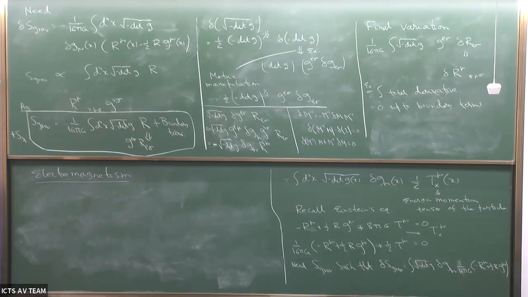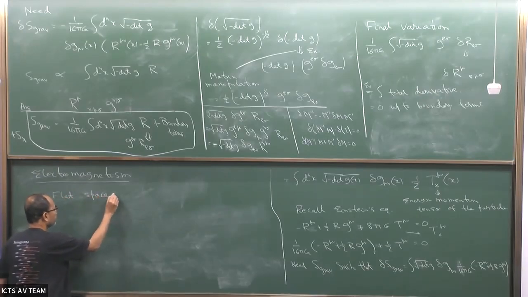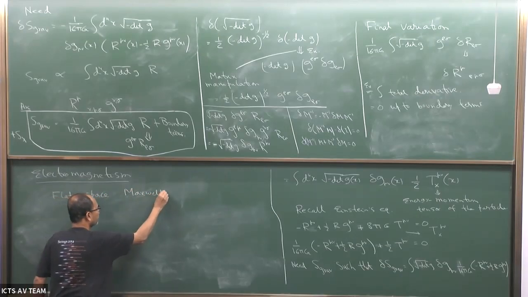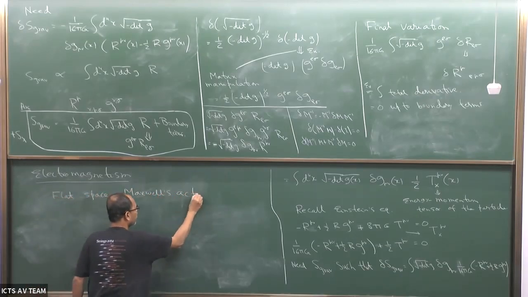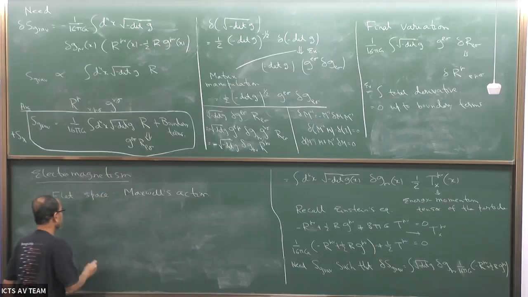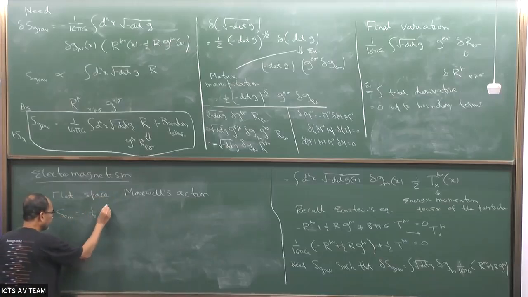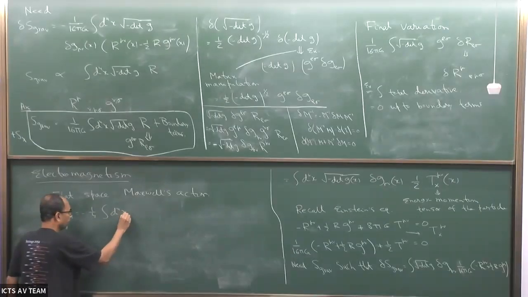Are you familiar with the flat space Maxwell action? What Maxwell's equations you know in the covariant form, what action do you have to vary to get the Maxwell equations? So the flat space Maxwell action is basically minus 1/4 integral d4x.